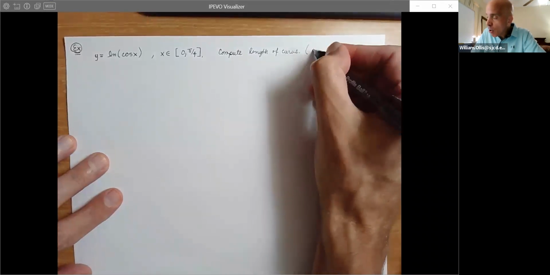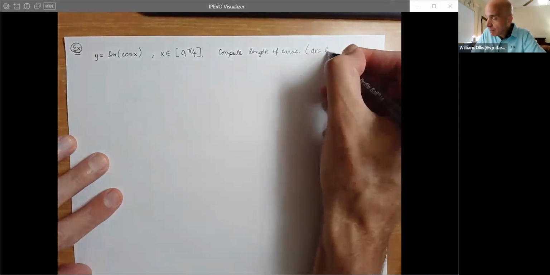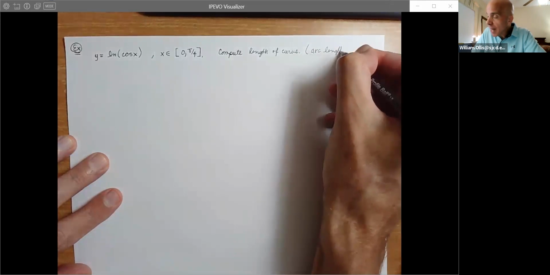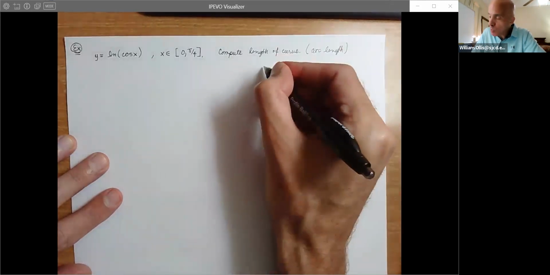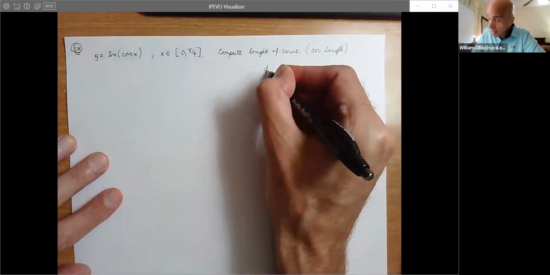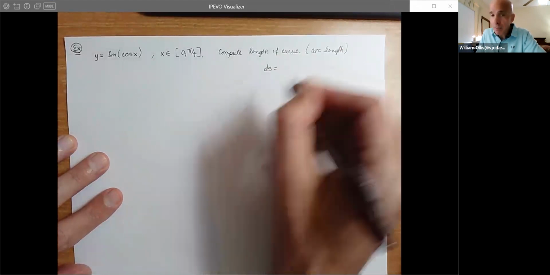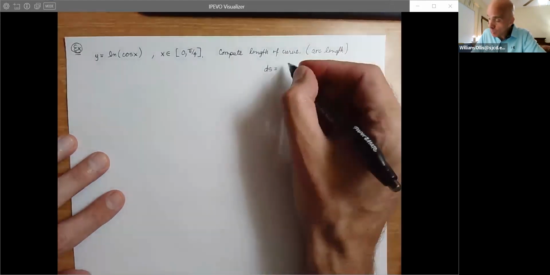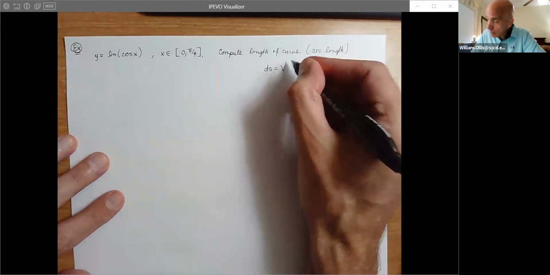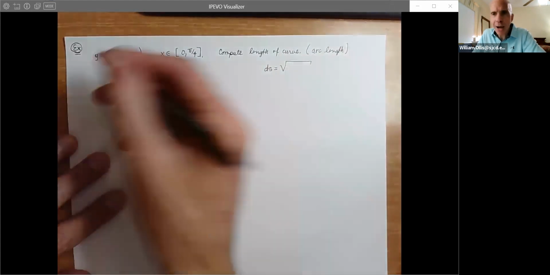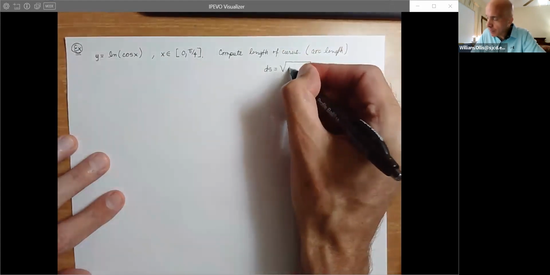Again, arc length. Why we like the S is that, for instance, with the differential, we'll say ds, the arc length differential, we can write this way. And we can use y prime or f prime, it doesn't matter.